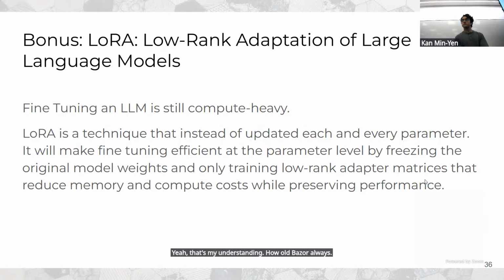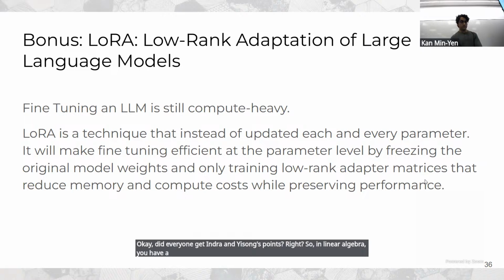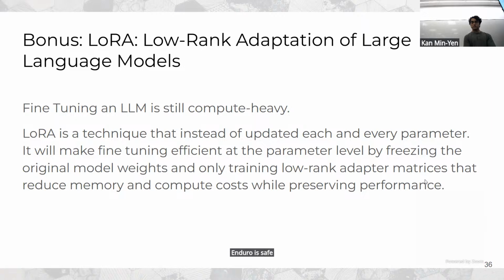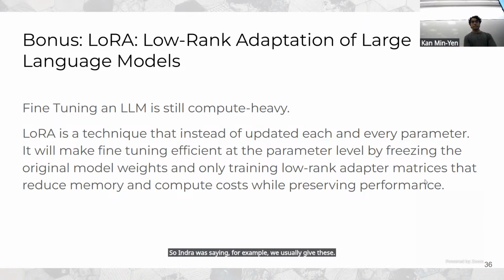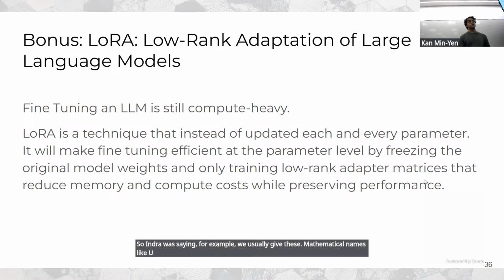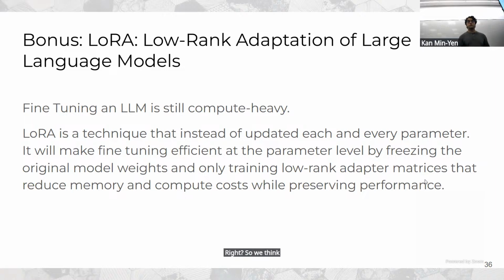Okay, did everyone get Indra and Yisong's points? Right, so in linear algebra, you have a square or a rectangular matrix, as Indra was saying, and it can be the result of a matrix multiplication between two smaller matrices. We usually give these mathematical names like U and V, right? So we think of a column vector and a row vector.